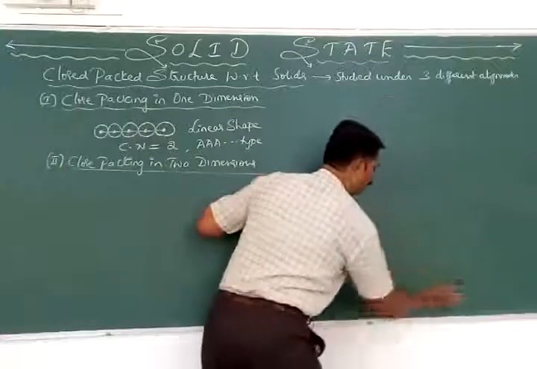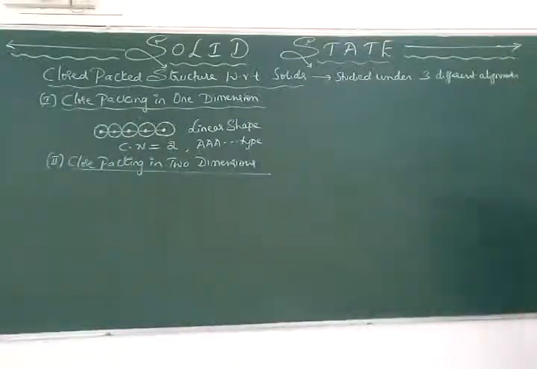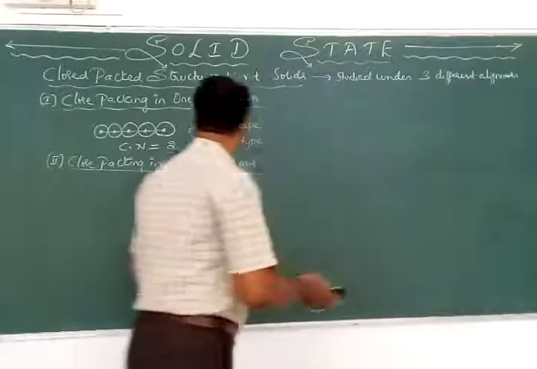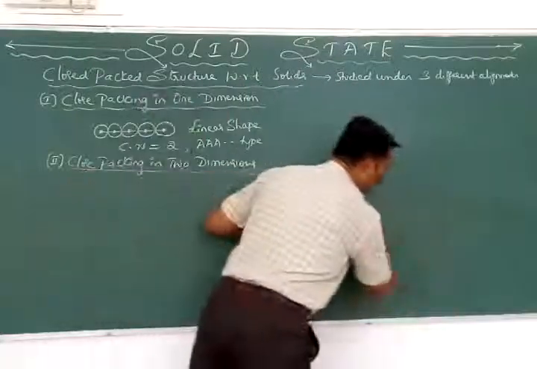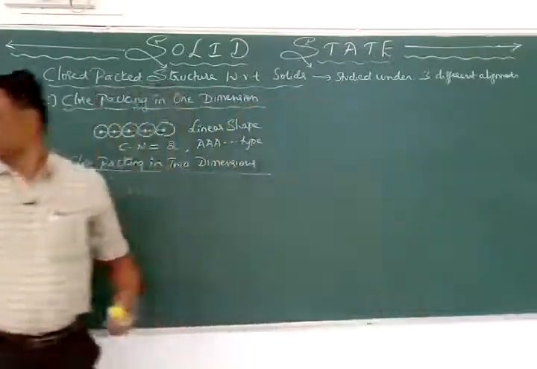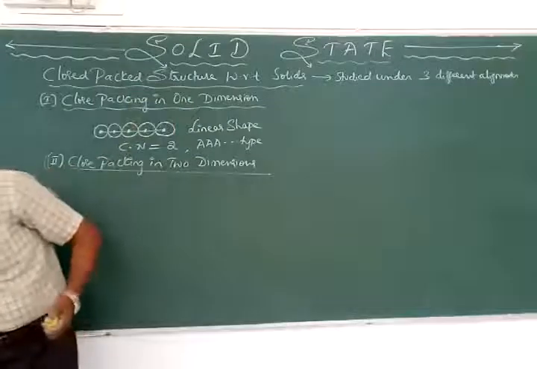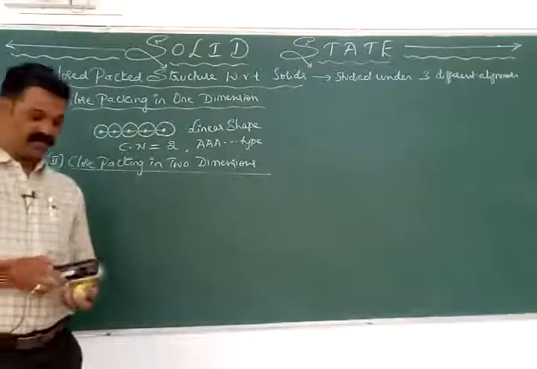Let's have the other one. Now we will have the same close packing, but in two dimensions. Two dimensions means one is the x-axis, another is the y-axis.